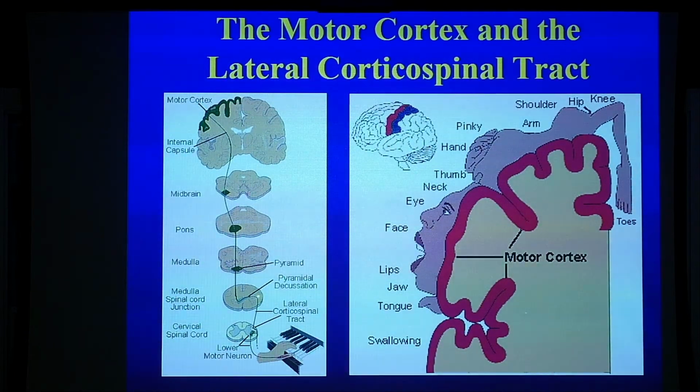It goes to the other side of the brainstem, enters the spinal cord, and remains in the lateral corticospinal tract until such time as it signals during development to leave the tract, enter the ventral horn, and in this case innervate a lower motor neuron that innervates the muscle of the thumb. Now you notice this is the left hand, and this is the right side of the brain. That's because of the crossing over in the decussation of the pyramids, but we could follow the same thing from the other side.